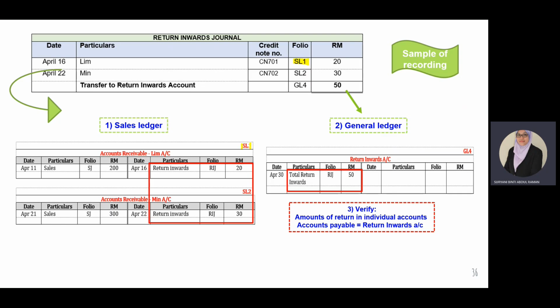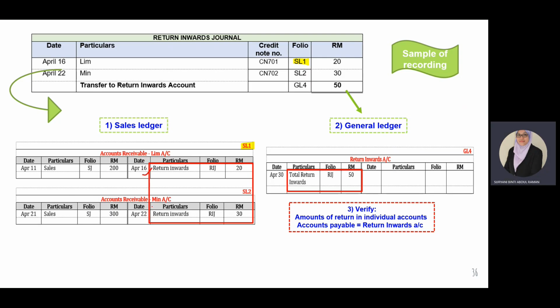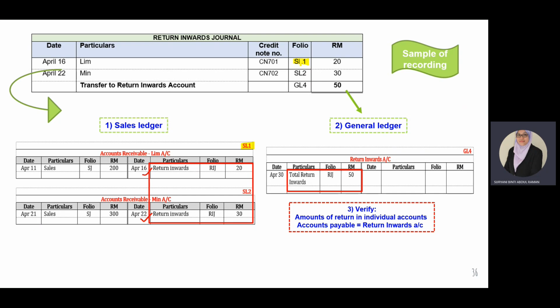Previously we recorded the transaction regarding the sales, which is the first transaction we recorded before. Similar to Min, this is the first transaction we recorded before. So now, to record the transaction for return inwards, we will update the account as follows.